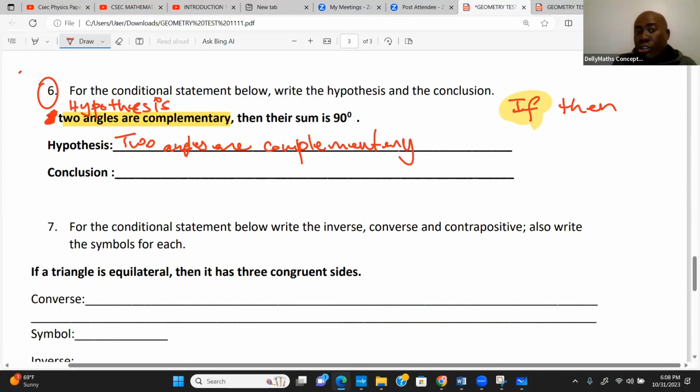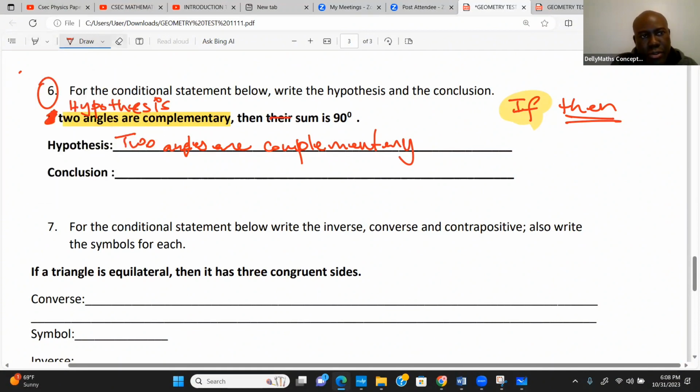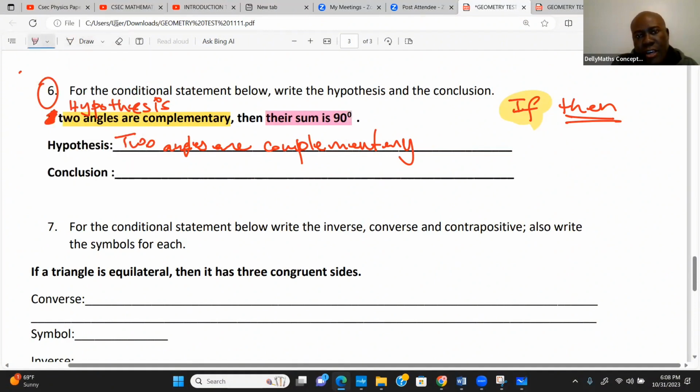Now, the conclusion comes immediately after the then. So this is our conclusion. The conclusion says, their sum is 90 degrees.